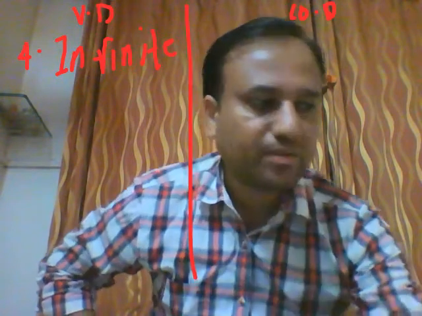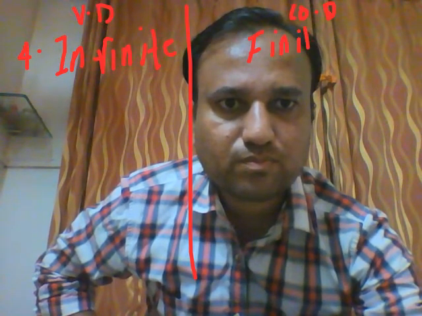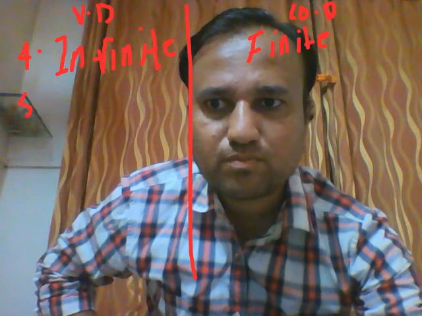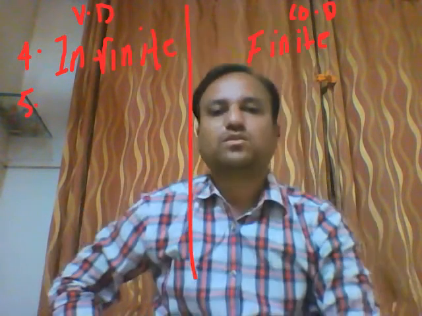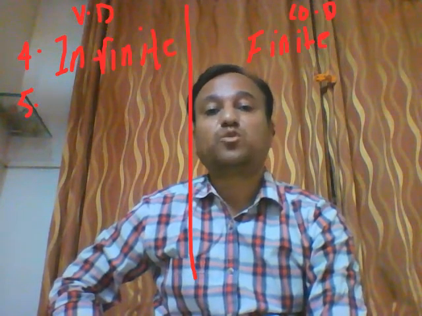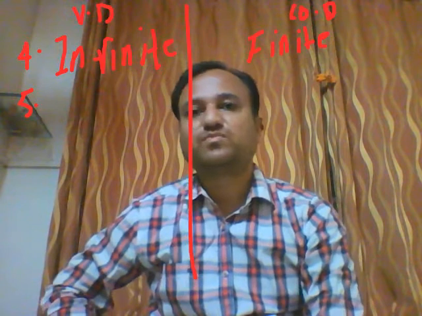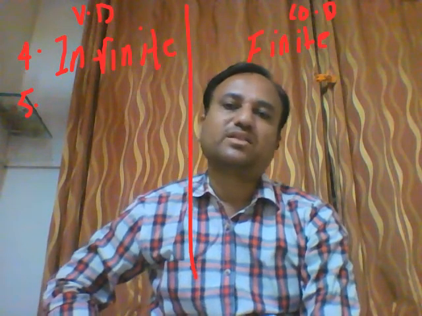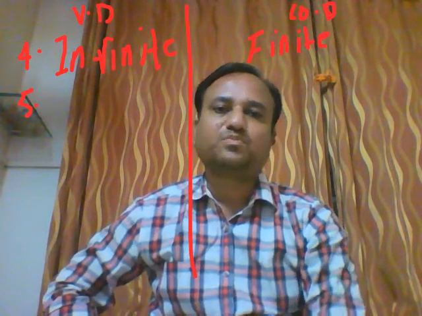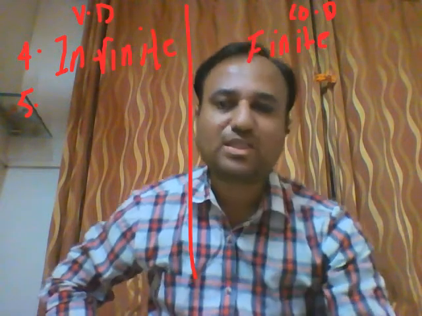So in Coulomb damping, it takes finite time. So to attain the static equilibrium position, as per viscous damping, time taken may be prolonged or infinite. As per Coulomb damping, time is finite.